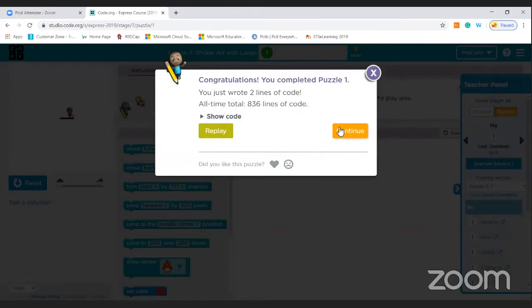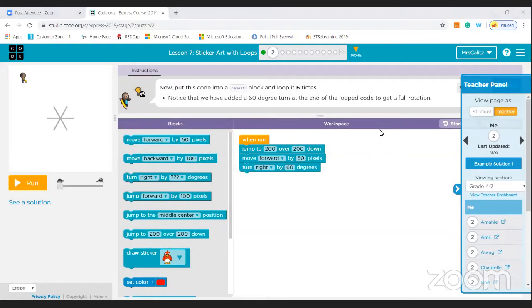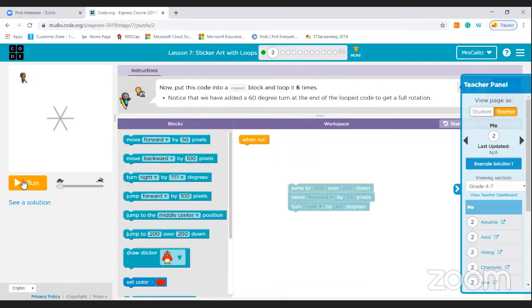Thank you very much. Let's see who is going to help us with the next puzzle. Now put this code into a repeat block and loop 6 times. So what are we supposed to do? Notice that we have added a 60-degree turn at the end of the looped code.